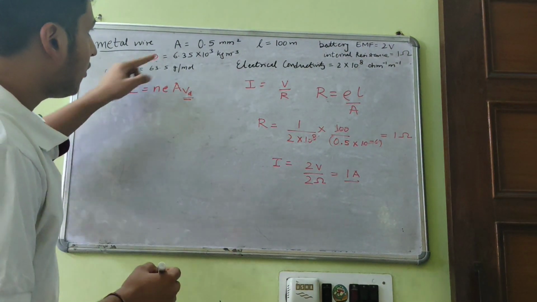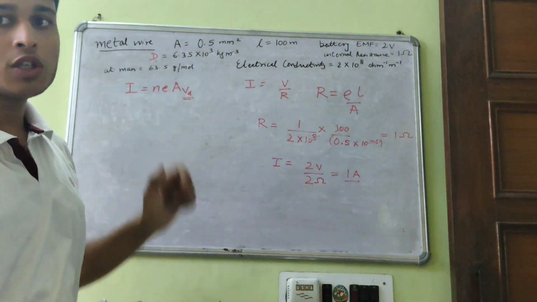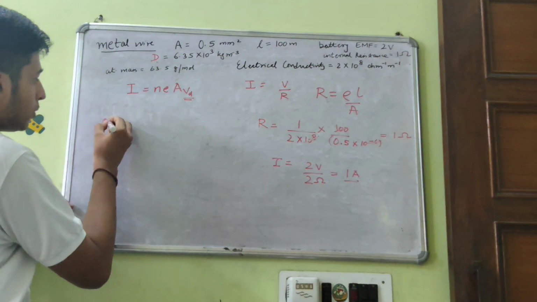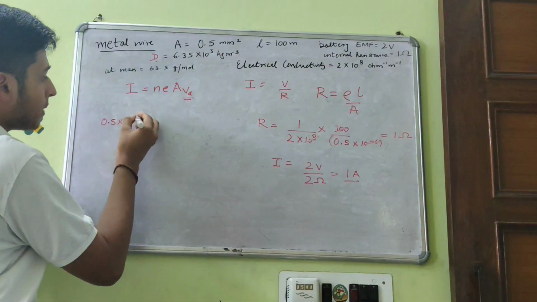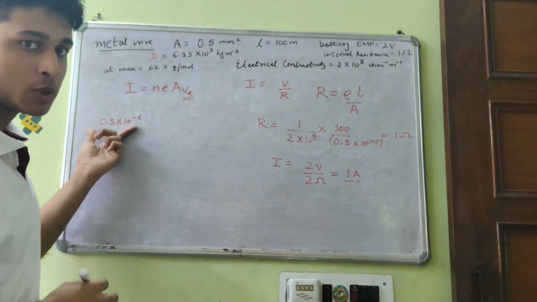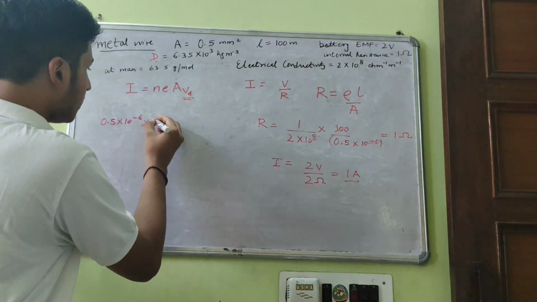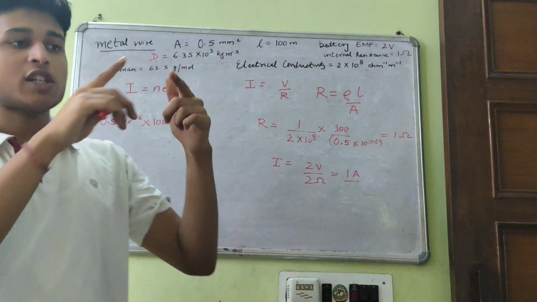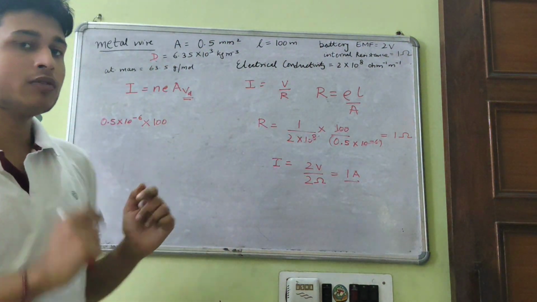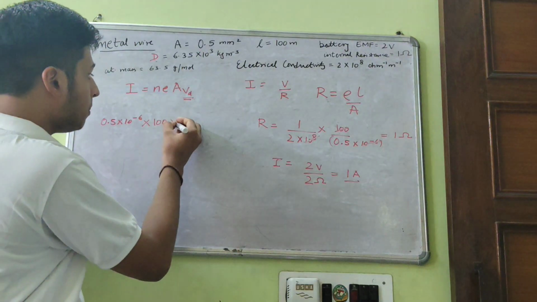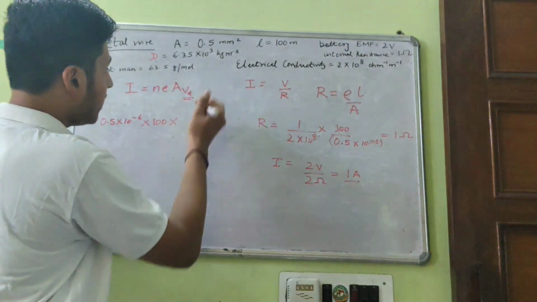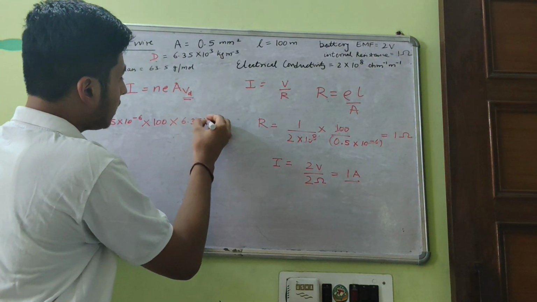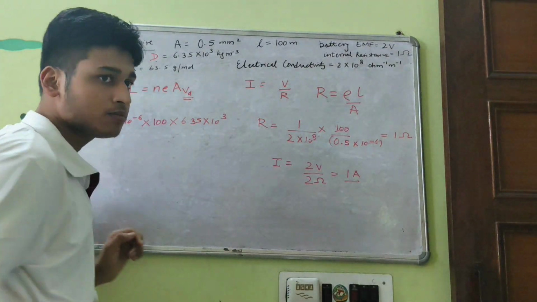So we know the area of cross section of this wire, 0.5 into 10 to the power minus 6 meter square. If we multiply this with the length of this wire, we will get the volume of this wire. Further, multiplying the volume with the density, we will get the mass of this wire.